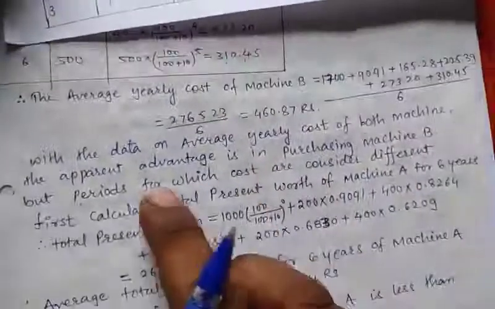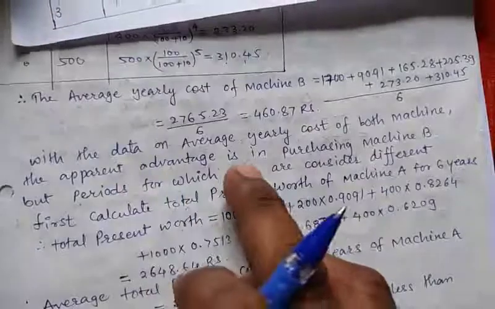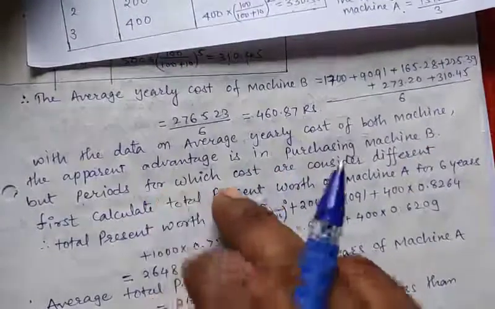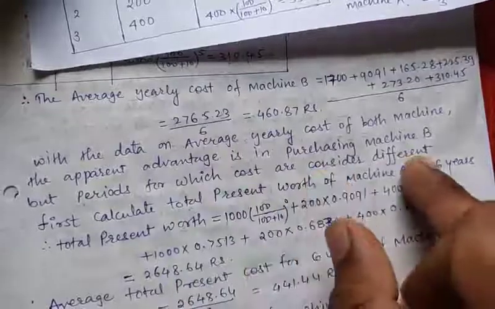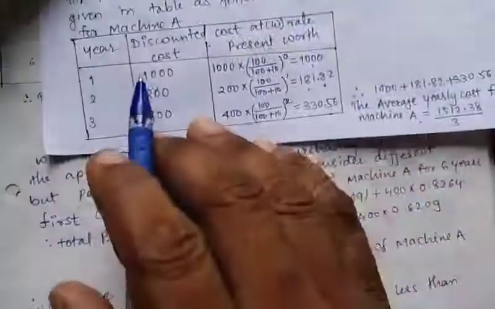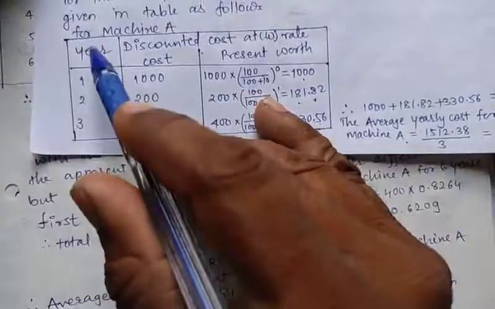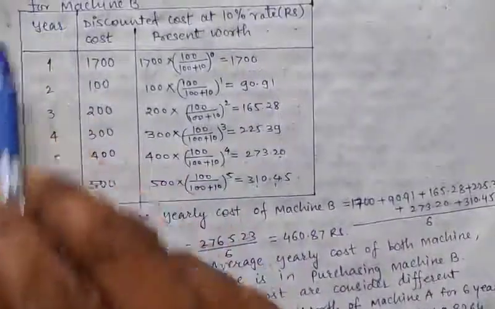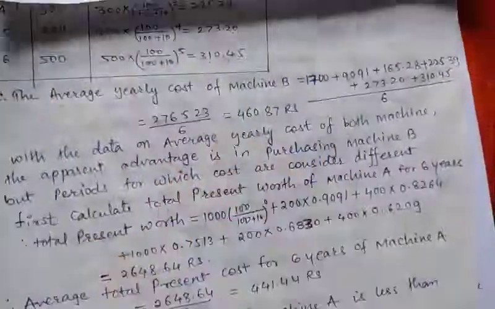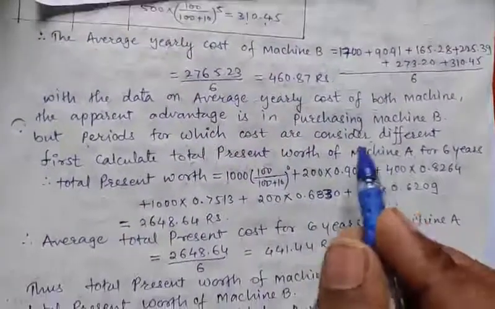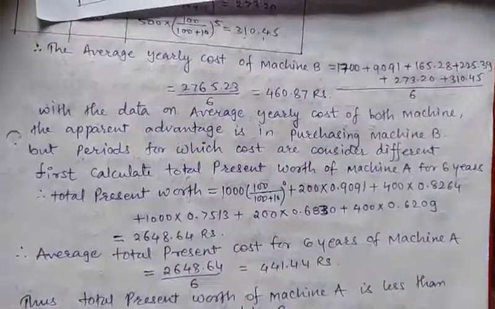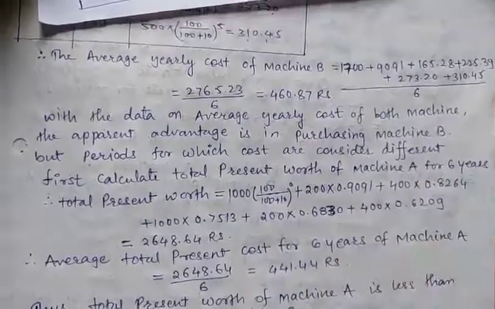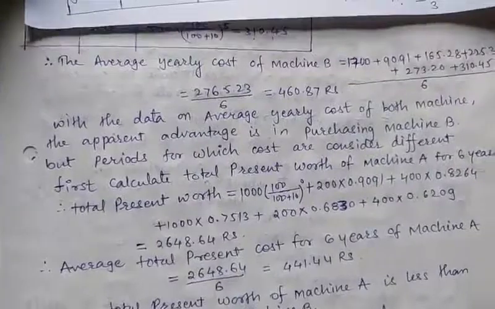So the apparent advantage is in purchasing machine B, but the periods considered for each cost are different. The period of machine A is 3 years and the period of machine B is 6 years. So first we calculate the total present worth of machine A for 6 years, and then we will compare.